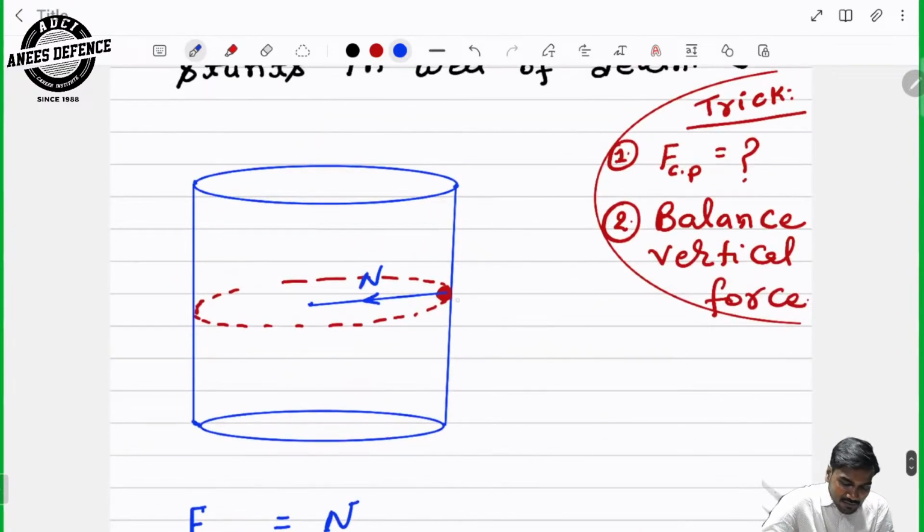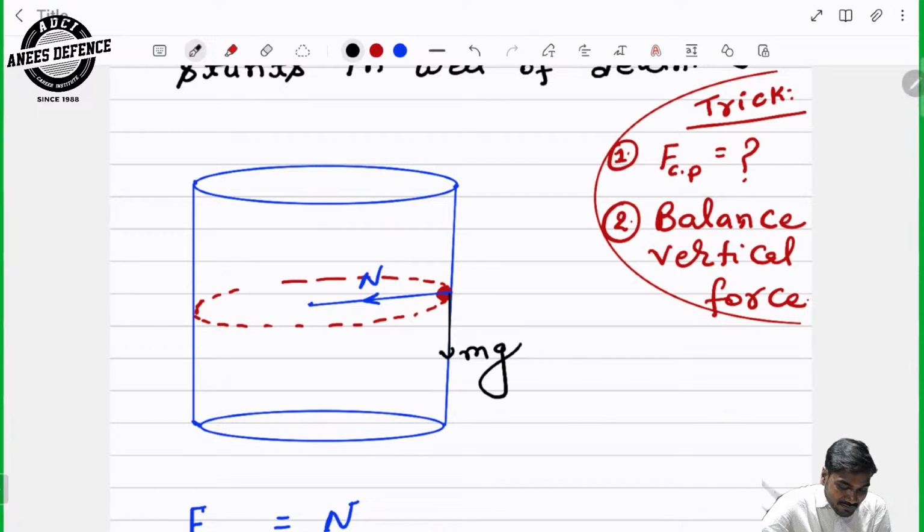Next one. mg will act in the downward direction. Yes or no? Yes. So if mg acts downward, that person will slip downward.